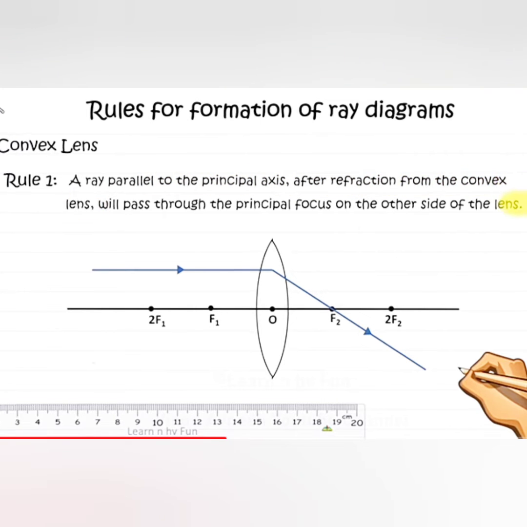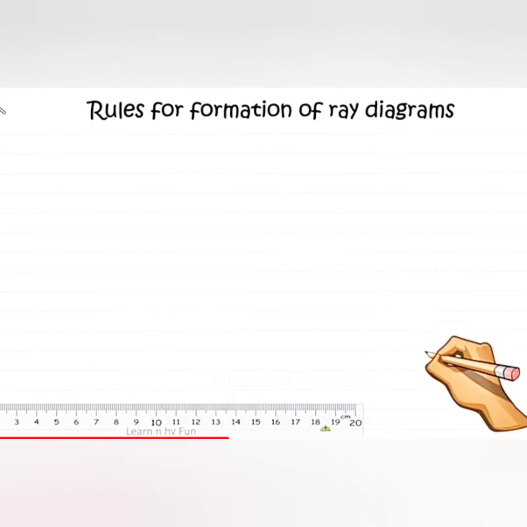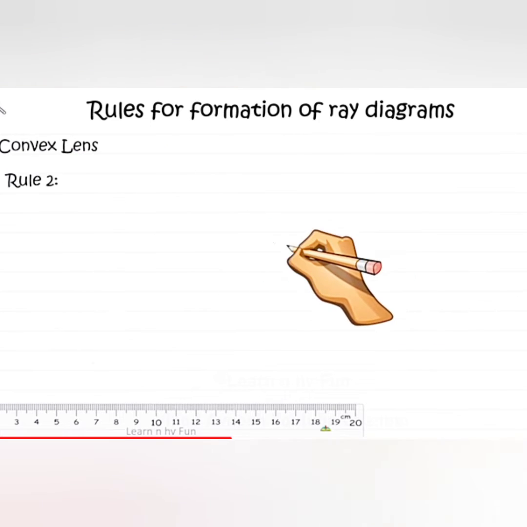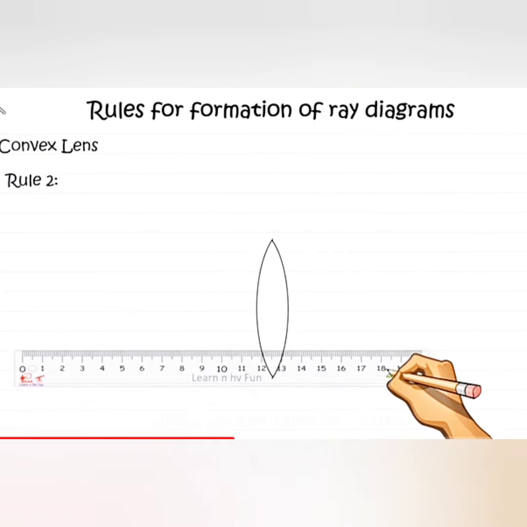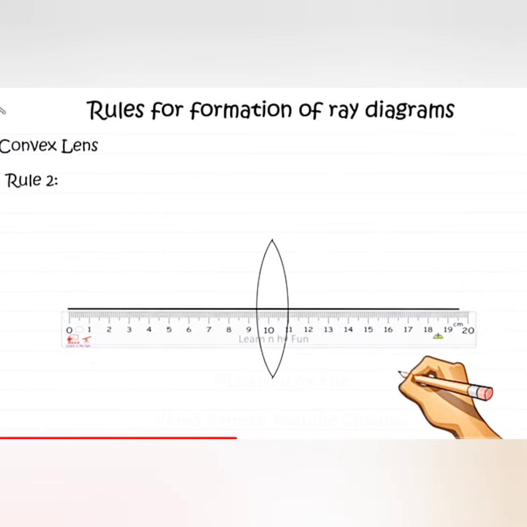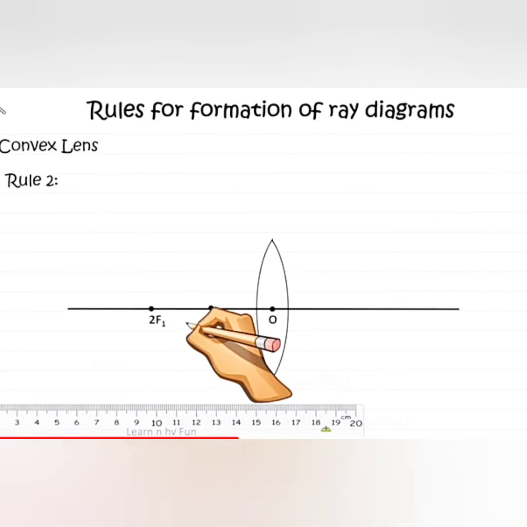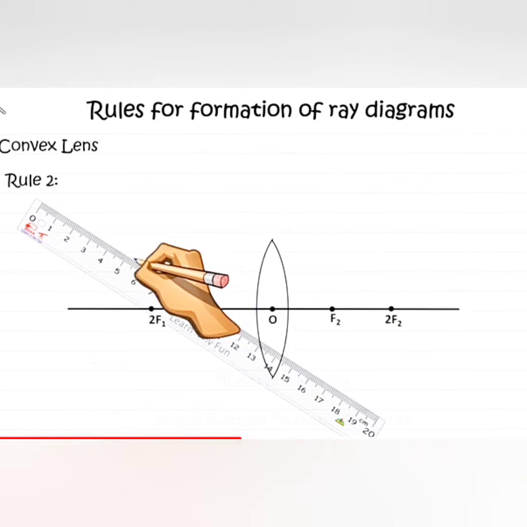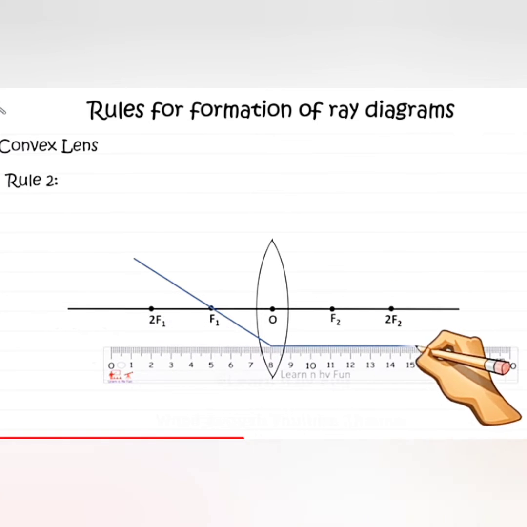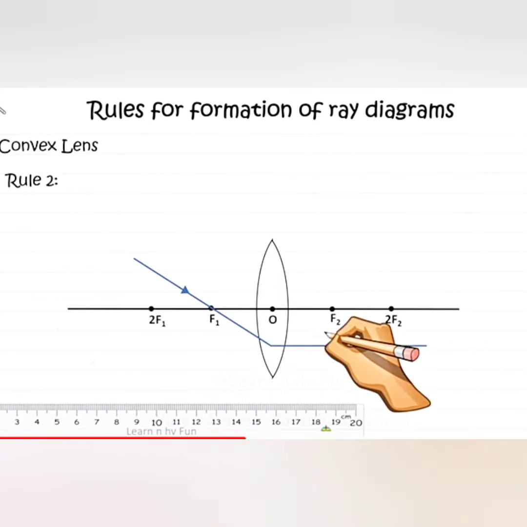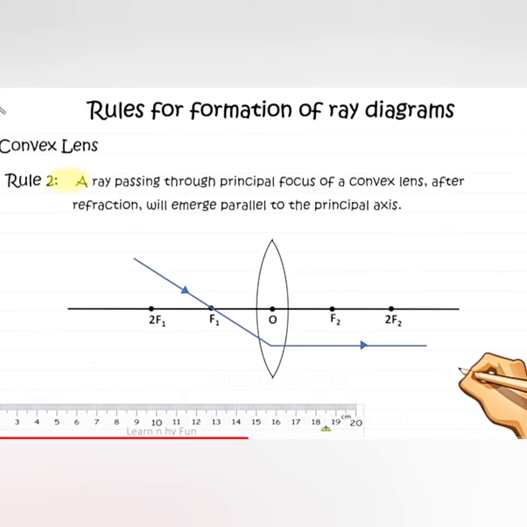Now rule number 2. A ray passing through the principal focus of a convex lens, after refraction, will emerge parallel to the principal axis. Now you are watching the drawing. A ray passing through the principal focus of a convex lens, after refraction, will emerge parallel to the principal axis.